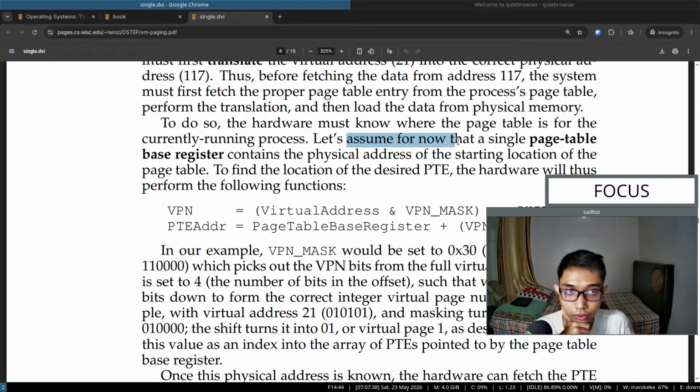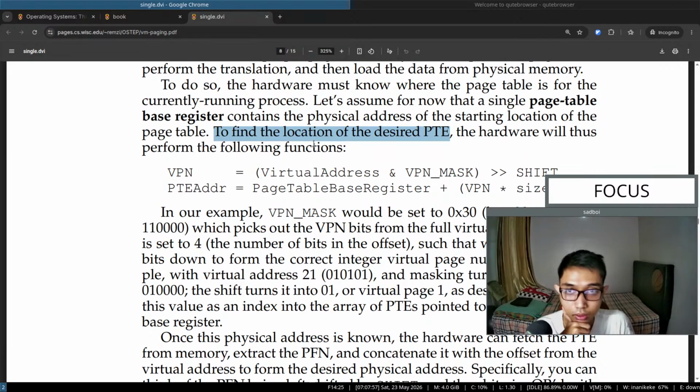Let's assume for now that a single page table base register contains the physical address of the starting location of the page table. To find the location of the desired PTE, the page table entry, the hardware will perform the following function.